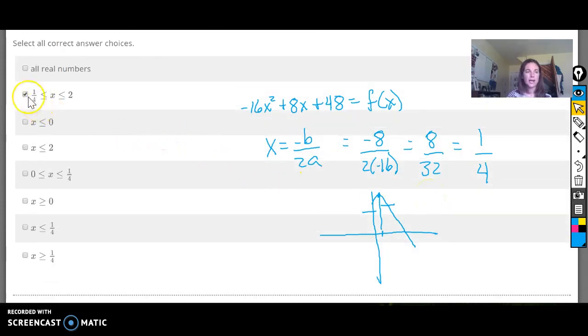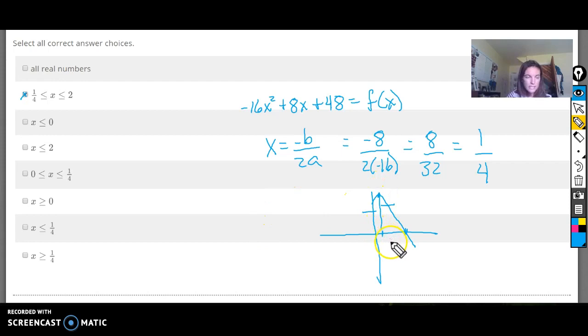Certainly not all real numbers, okay? But if 1/4 is less than x and x is less than 2, and 2 is out here, yeah, this one will work, for sure. A value of simply x less than 0.